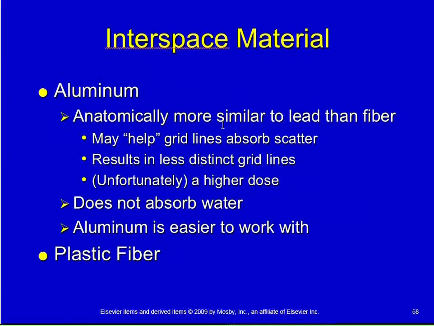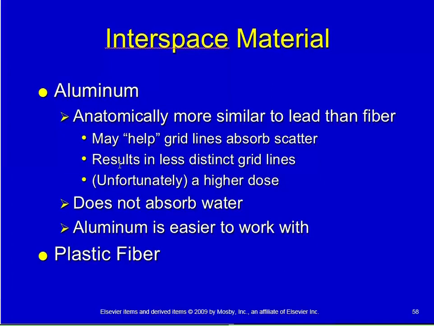So again, the interspace material can be made of a number of different things. Aluminum is often used. It may help the grid lines to absorb scatter radiation, and it may help scatter radiation to be absorbed within the interspace material.